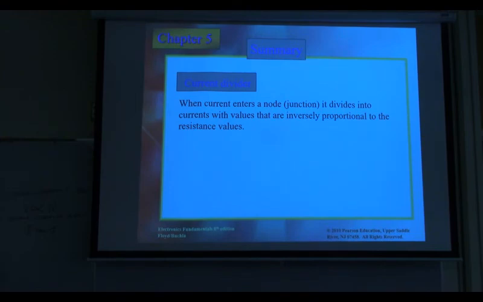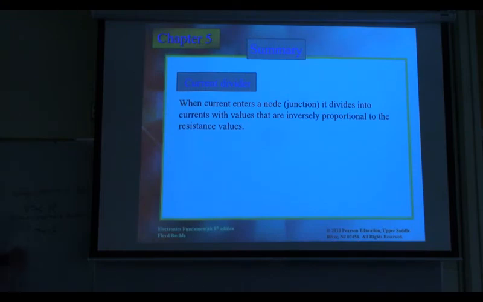Ohm's law: voltage equals the current times R, right? Now in the parallel circuit, the voltage is the same, this is constant. And this R is 1 over G, right?